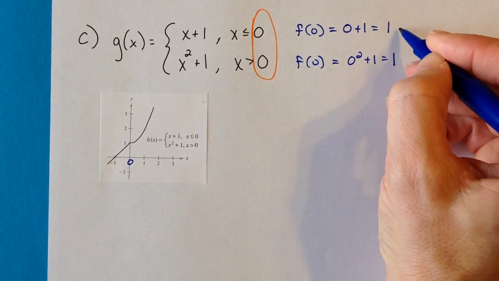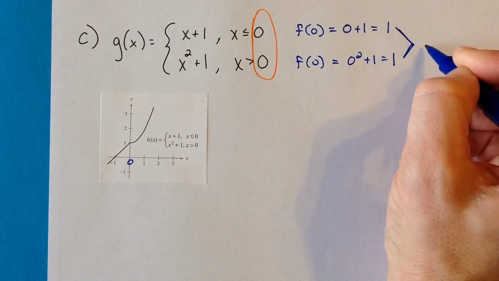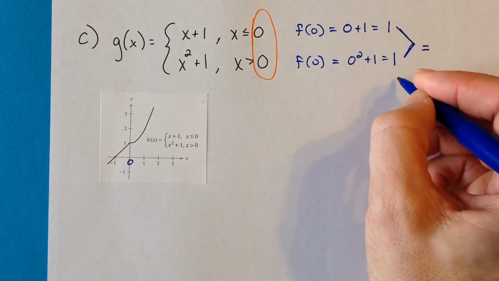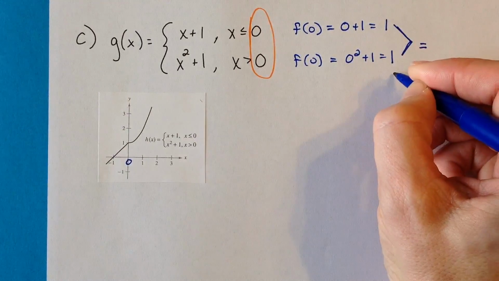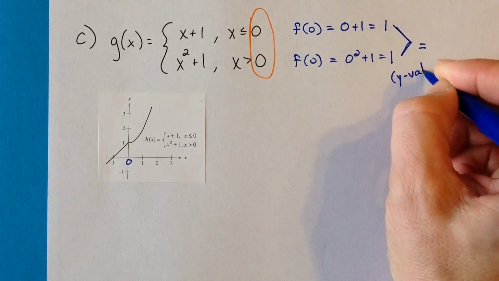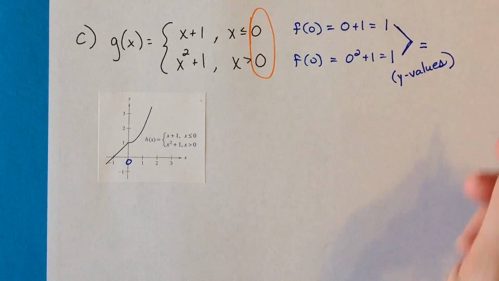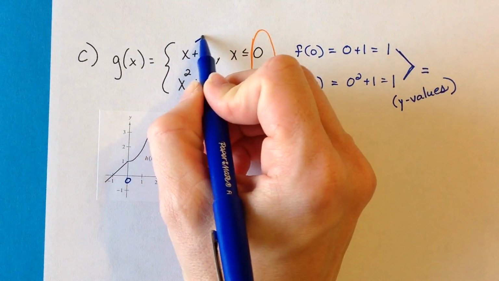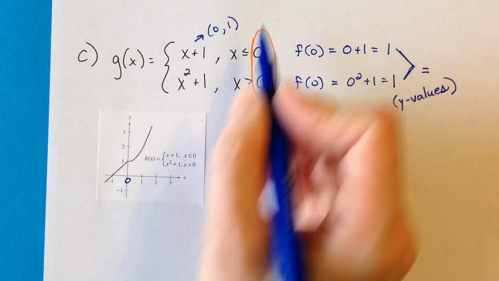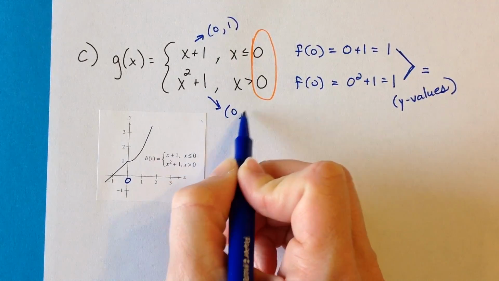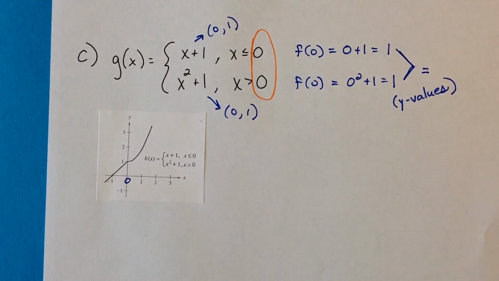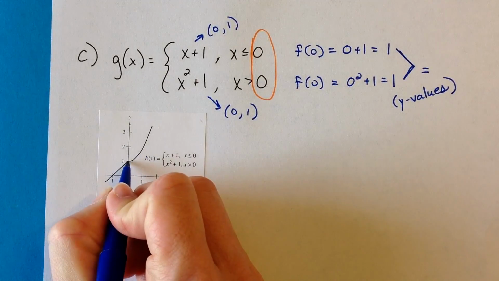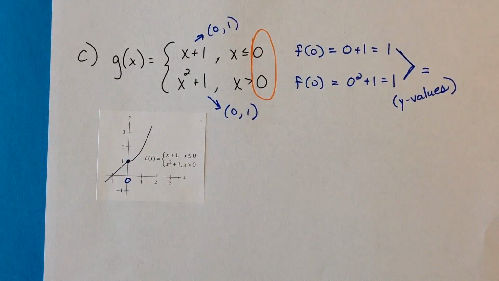Now, the fact that these two things come out to be equal to each other, now remember, these two numbers that you have here are y values. Okay, so actually what you have is, on this piece, you have the ordered pair 0, 1. But then on this piece, you also have the ordered pair 0, 1. And that's the same point that's on both pieces, which, like I said, means that these pieces actually connect up to each other at 0.